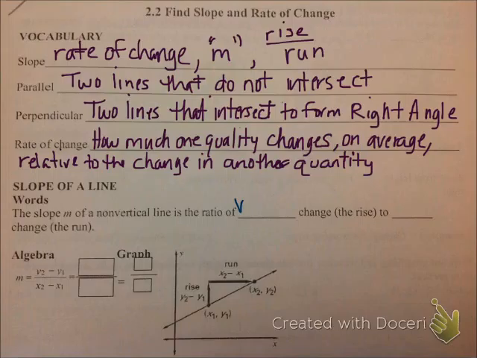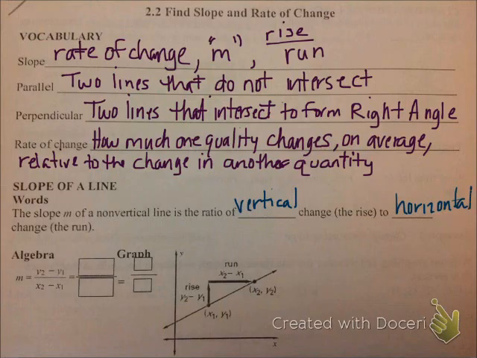Now, how do you find the slope of a line? Let's do this in words. The slope m of a non-vertical line is the ratio of blank change, which is the rise. If you're rising, you're going up and down, so what kind of change is that? That would be a vertical change. To the blank change, which is the run. When you're running, that means you're going sideways, so that would be the horizontal change.